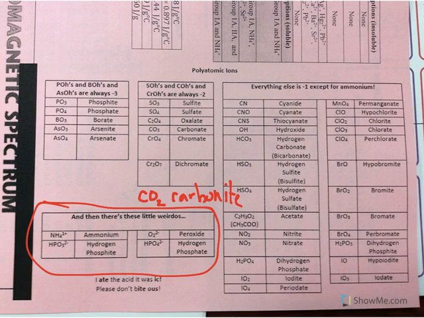You've got peroxides, which is an O2 2-, and then a hydrogen phosphate that's HPO4 2-. This chart right here, you'll have on a test, but this is the polyatomic ions chart. So you're going to need this to do all of these non-binary nomenclatures. Okay? So let's chat.